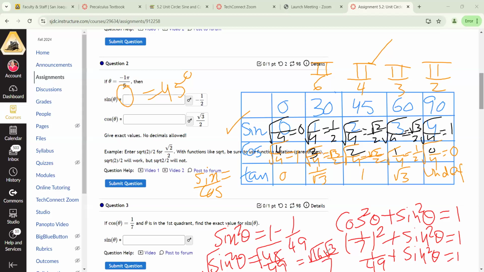So it will be 4 square root 3 over 7 in the answer, because it's asking for exact and no decimal. 4 square root 3 over 7 would be the answer for the sine value. That was your third question.